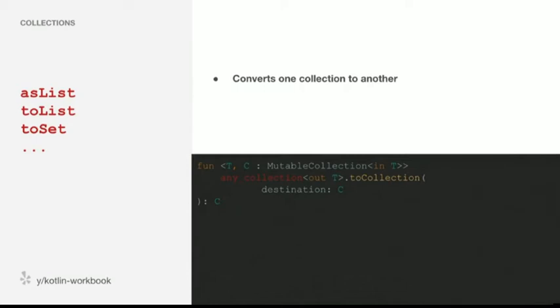AsList and asSet will just wrap the current collection into a list and a set, and then they'll behave as if they were a list and a set. They're very fast, so even if you have a list of thousands or millions of items inside and you wrap it into another one, it's not going to copy every single thing into the new one. It will just wrap around it, and it will be relatively fast. Iteration might be a bit slower because of it, though.